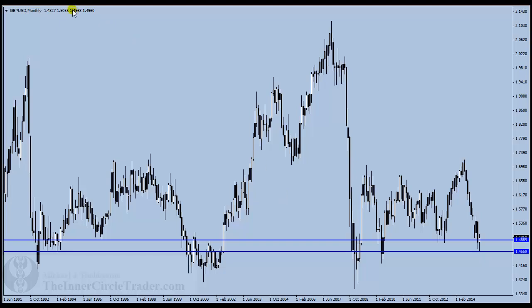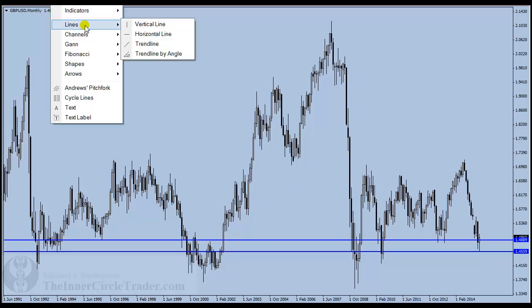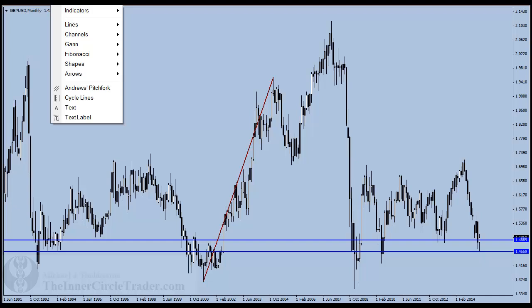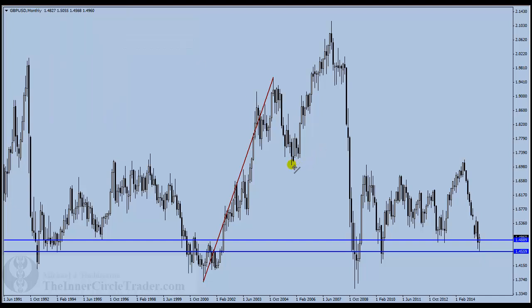Okay, if you look at what we have here, we have the market moving up from a low to a high, and then we have another market swing from here to here, which is comparable to this move here. We have this low to this high.